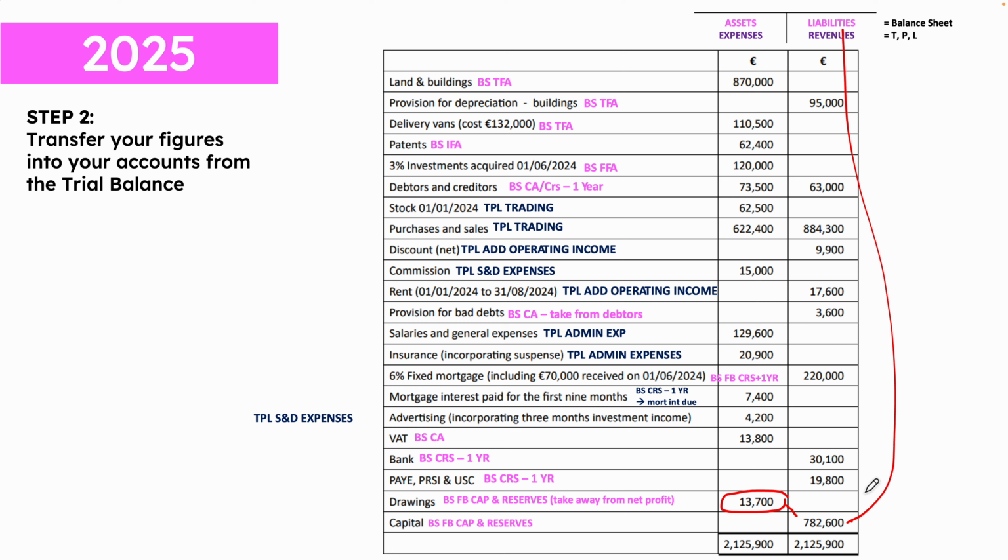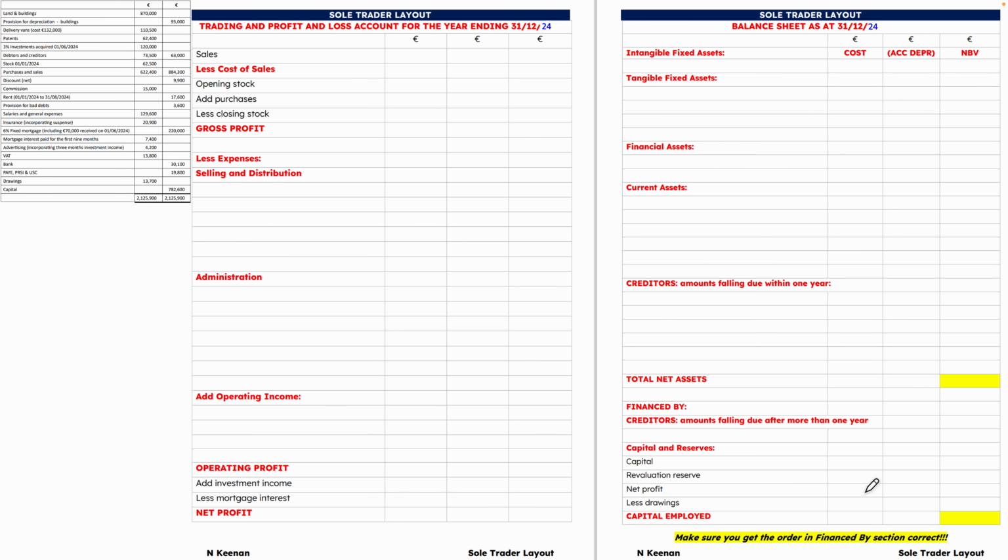And next we have capital. So balance sheet financed by capital and reserves. So that is your trial balance. And what I say is, I reckon the best thing to do is just fire the figures in. All of these figures have marks attached to them.